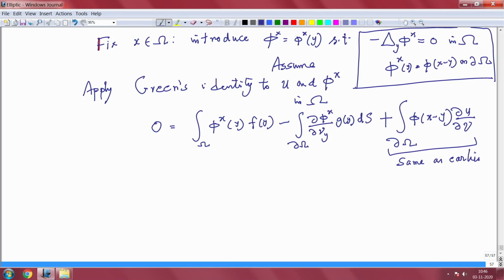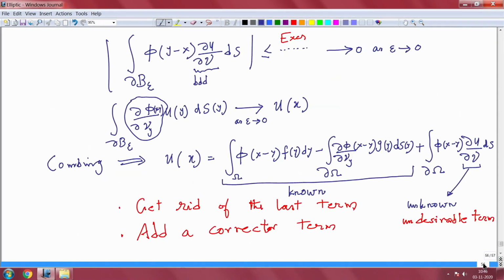Okay. Now, subtract. Once you subtract, you get u of x equal to the integral over omega of f of y is common, earlier you had phi of x minus y.